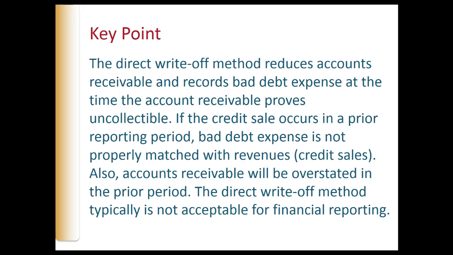If the credit sale occurs in a prior reporting period, bad debt expense is not properly matched with revenues. Also, accounts receivable would be overstated in that prior period. So please understand that the direct write-off method is not acceptable, generally speaking, for financial reporting purposes.